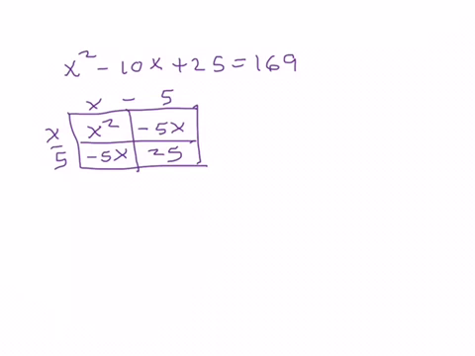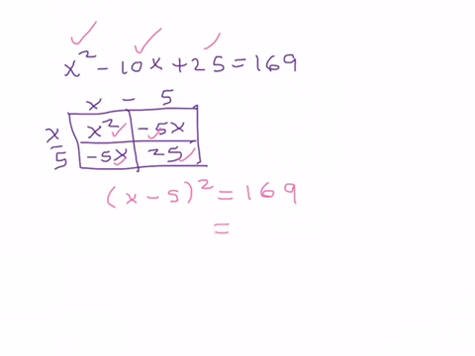And let's go and check. Did we get all the pieces covered? Well, x squared is covered. Negative 5x plus negative 5x is negative 10x. That's covered. 25 is covered. So guess what? That is a perfect square. So x minus 5 times x minus 5 equals 169. In other words, x minus 5 quantity squared equals 169. This is a level 1 problem. Level 1 problems are super easy.